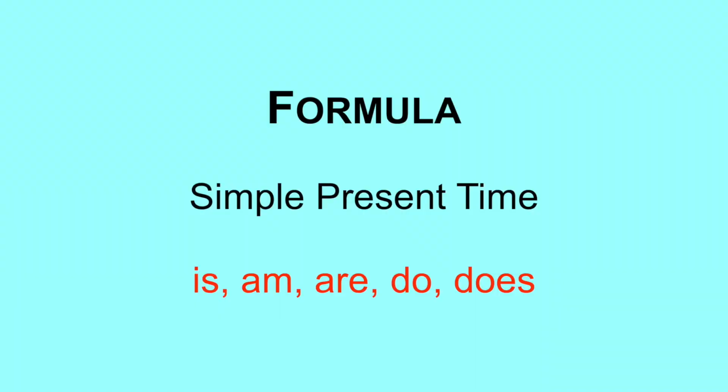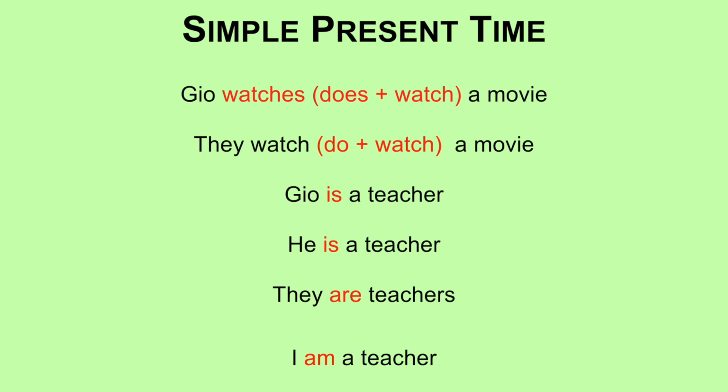Now we can look into simple present. What's the formula? The formula is is, am, are, do, does. What is the example of simple present? Gio watches a movie.